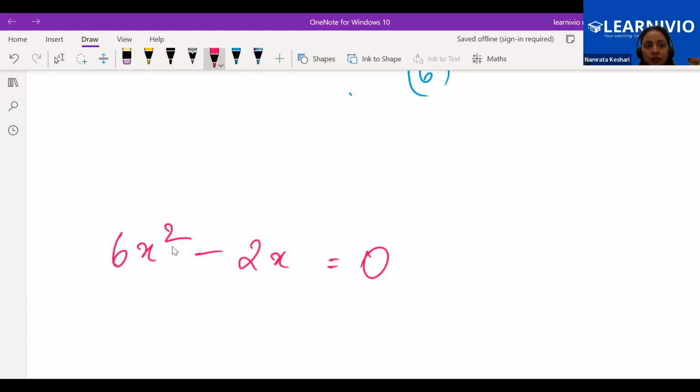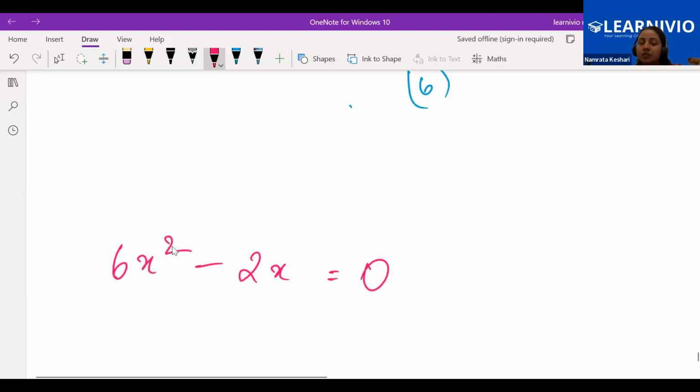Yeah, sure. So what we can do, can you see, is it possible to take out any common factor? Yes, it is. What can be taken out as a common factor? We can take 2x. It becomes 2x into 3x minus 1.